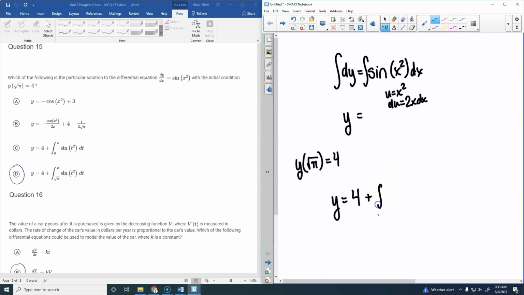So that will look like this, the integral from square root of pi to x of sine of t squared dt. They use a t there just because those variables can't match for that. So we don't know how to actually integrate that, but we can set it up like this.